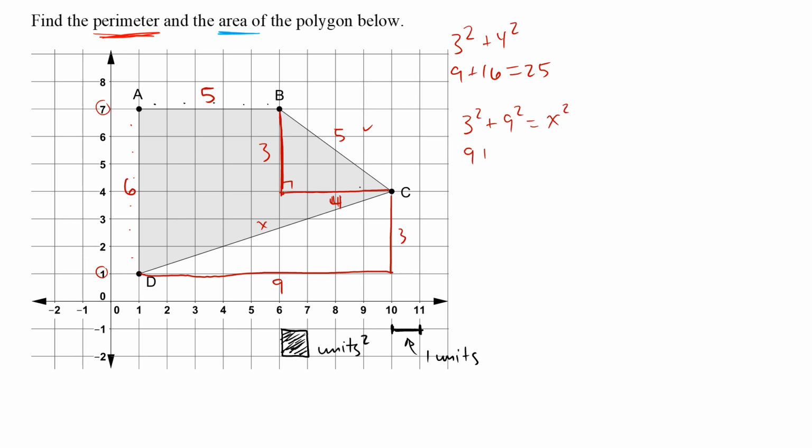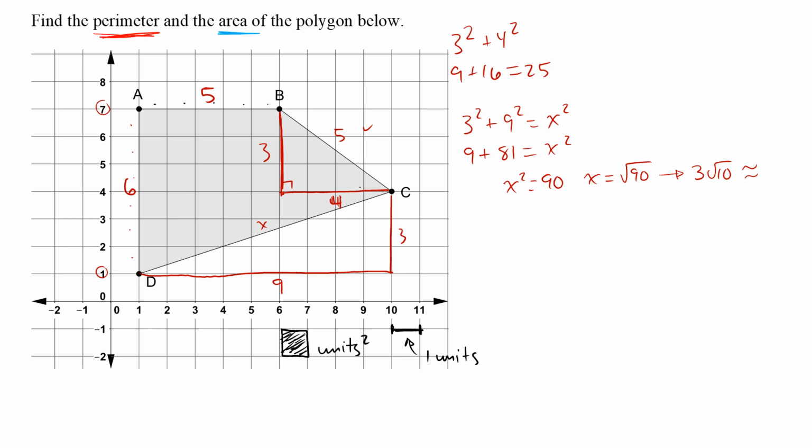So I've got 9 plus 81 is X squared. So it looks like X squared is 90. That means that X, because we're dealing with the positive length of a segment, is the square root of 90. I can write that in simplified radical form as 3 times the square root of 10. And as a decimal approximation, I don't even think I wrote that down.